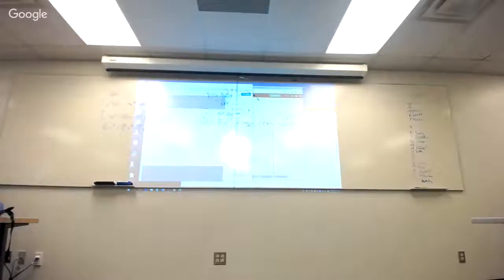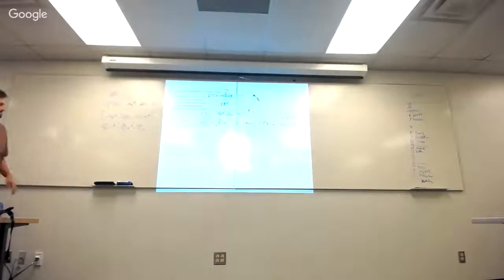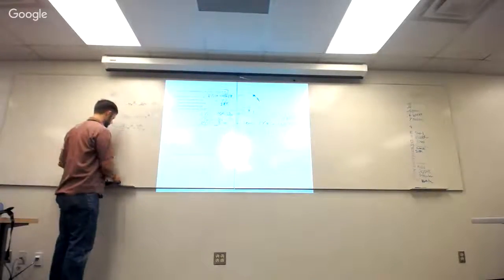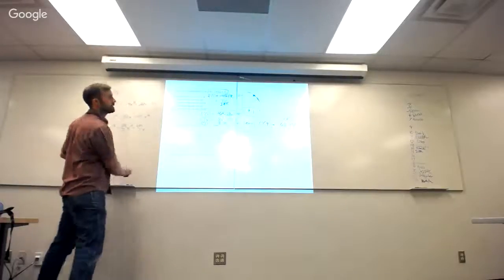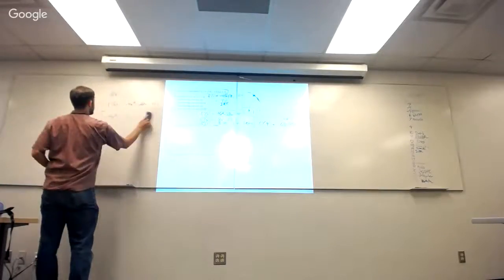Okay, what do we have now? 10 and 11? Come on up, 10 and 11. Which is David and Allison.